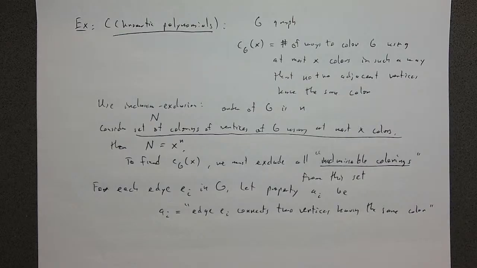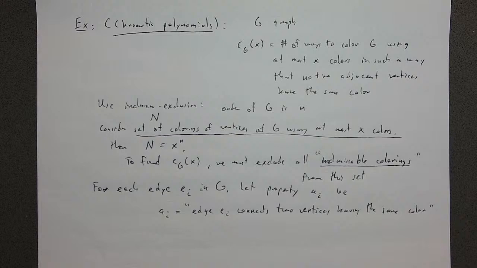Now, why is this the property I pick for each i? Well, what if an object in my set doesn't satisfy any combo of such properties? Then it would be an object that is definitely not an inadmissible coloring. That is, it would be an admissible coloring strictly.